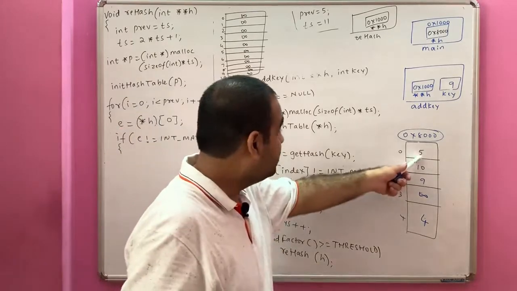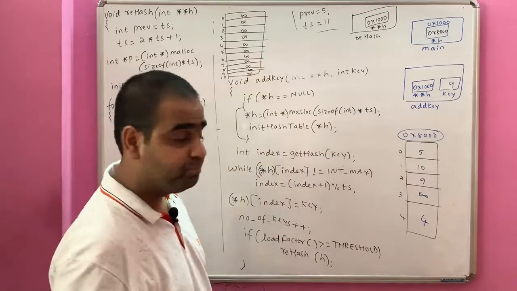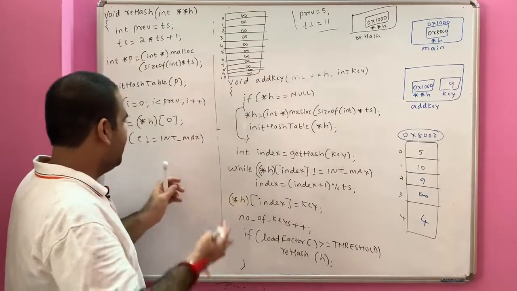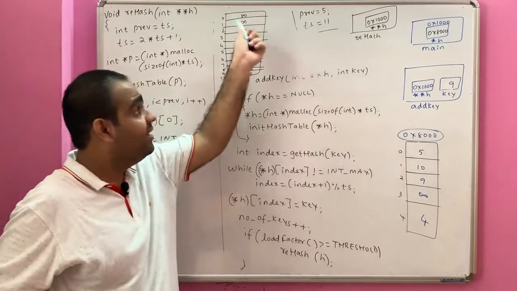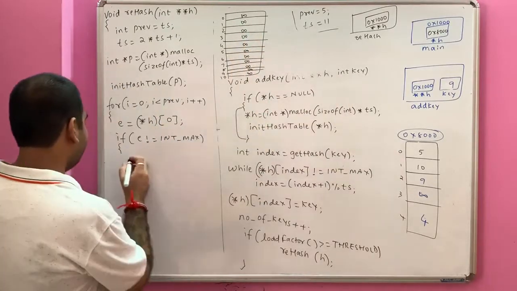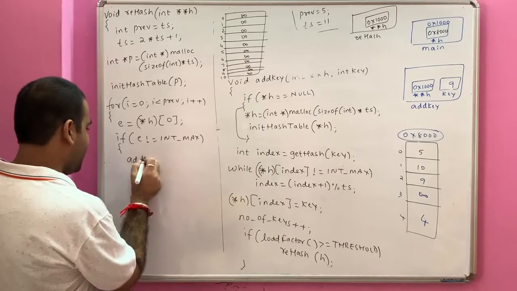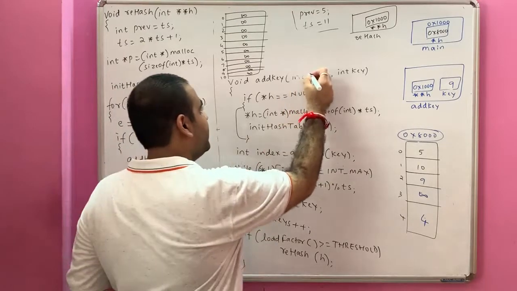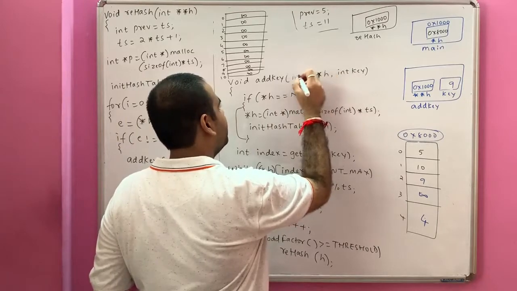Yes, now this 5 has to be mapped over here. And how do we map over here? It is as good as adding 5 in this table, and already we have written one function called add key. Now add key needs the double pointer. See here, it needs the double pointer.